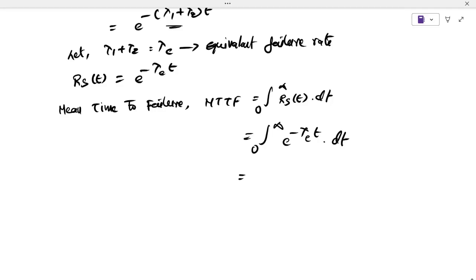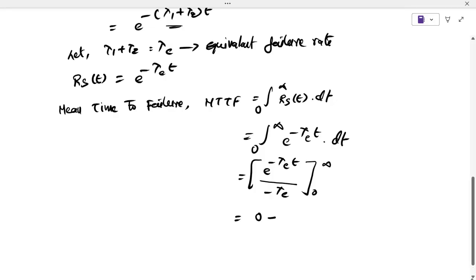Now if you simplify this, if you integrate e power minus lambda e t, what will it be? E power minus lambda e t by minus lambda e, with the limits 0 to infinity, that is equal to 0 minus of minus 1 by lambda e, that is equal to 1 by lambda e.